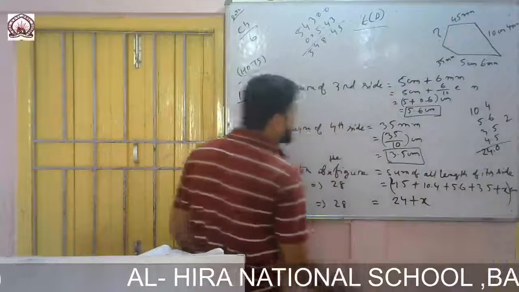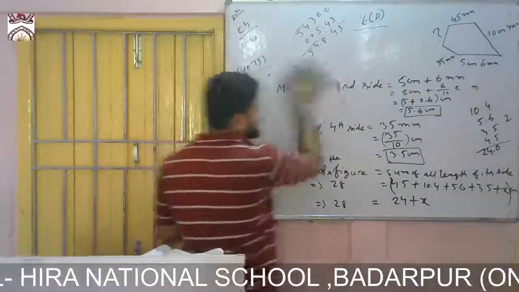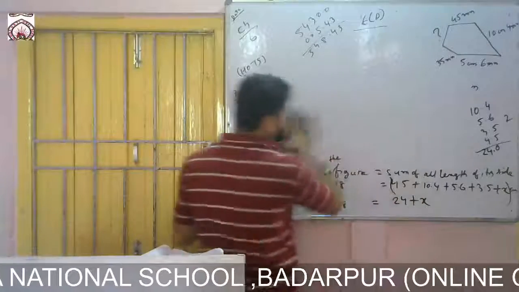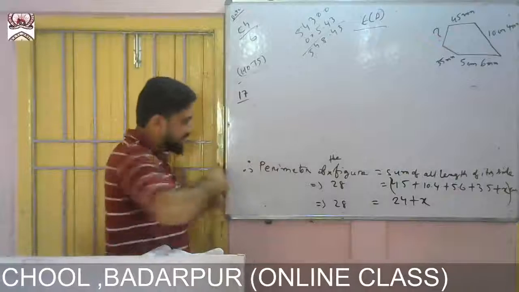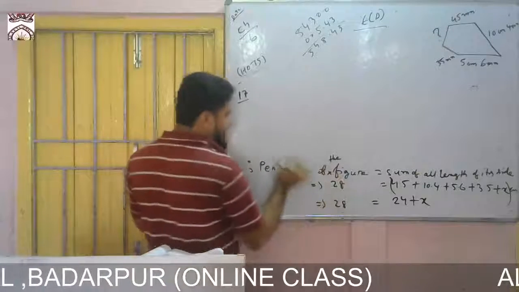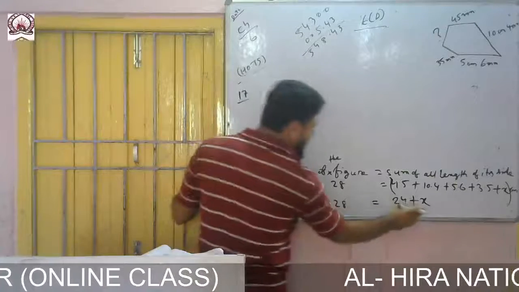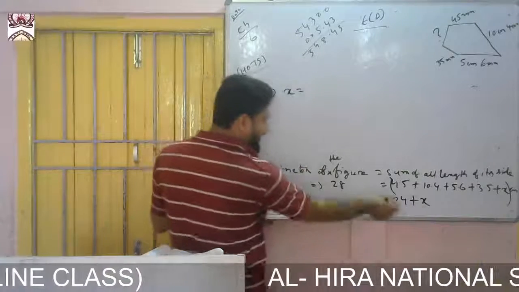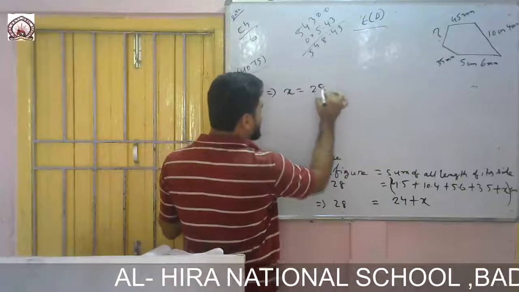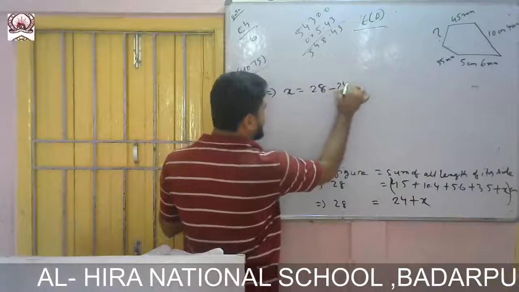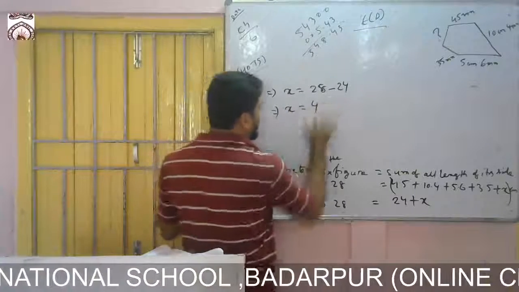Now we can write here: 24 plus x equals 28. Then x equals 28 minus 24, so x equals 4.